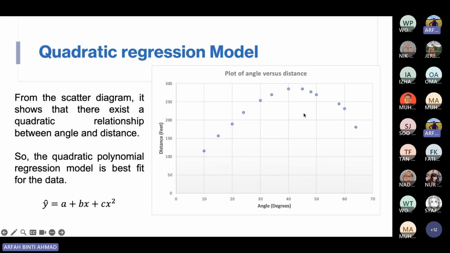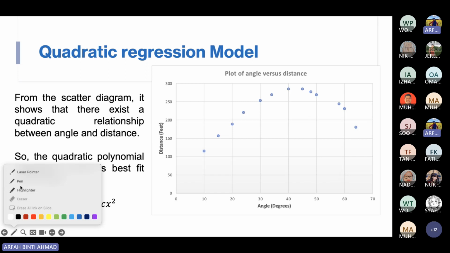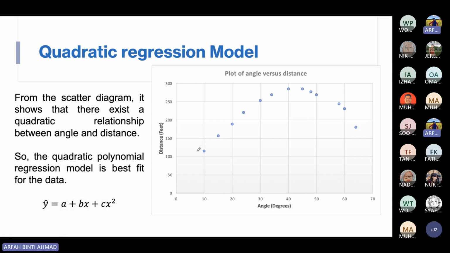Okay, from the scatter diagram, it shows that there exists a quadratic relationship between angle and distance, because from the plotting you can see that there is one line over here, one quadratic line. Okay, so there exists quadratic relationship. So the quadratic polynomial regression model is best to fit the data. So we are going to fit with this model.